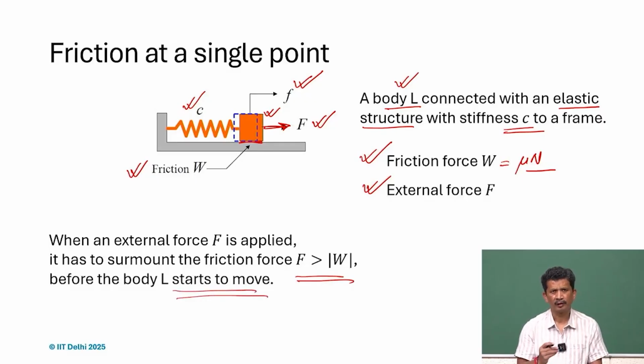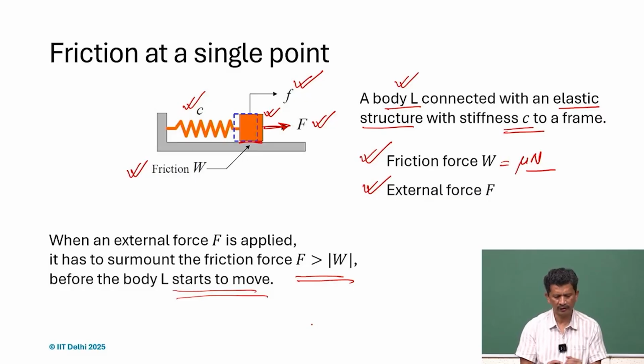So if that force, no matter how big or small, is below the friction force value, that is W in this case, which can be related to N, if the external force is not greater than W, the body is not going to move.